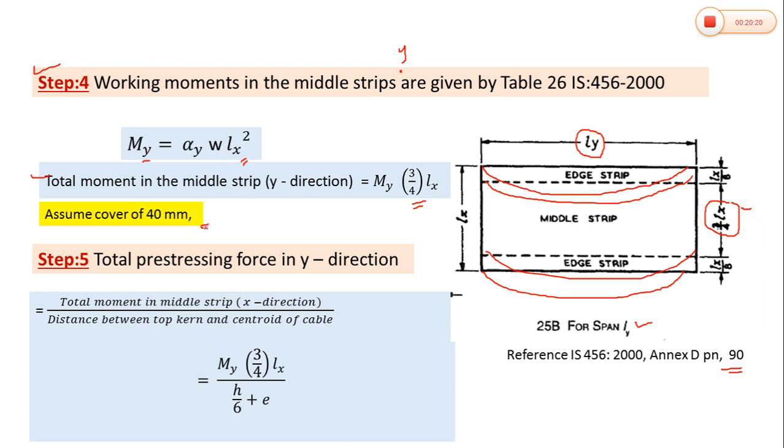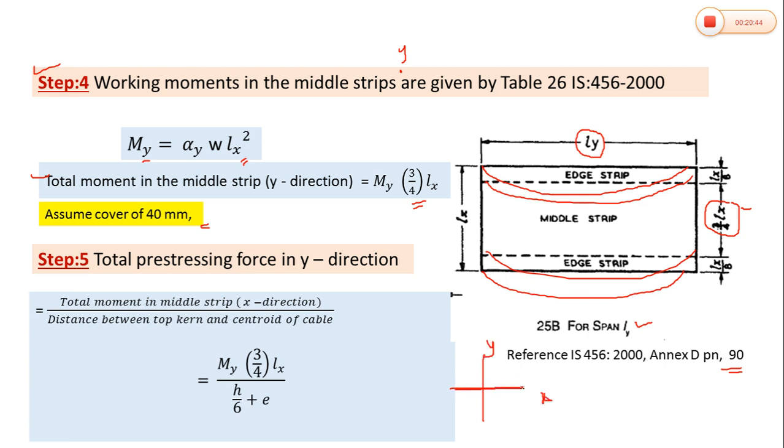Here we assume the cover as 40 mm. In x direction we assumed the cover as 30 mm, but here we assume the cover as 40 mm. The reason is very simple, because we are going to provide the strands in both directions. So this is x direction, this is y direction.